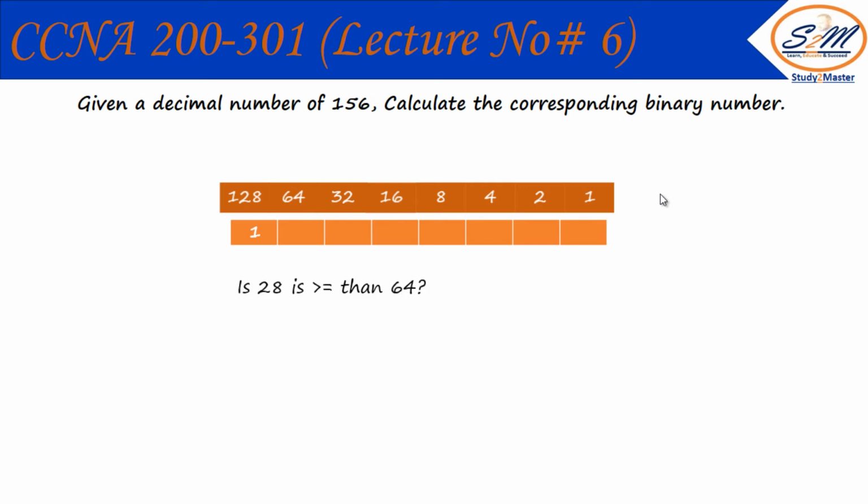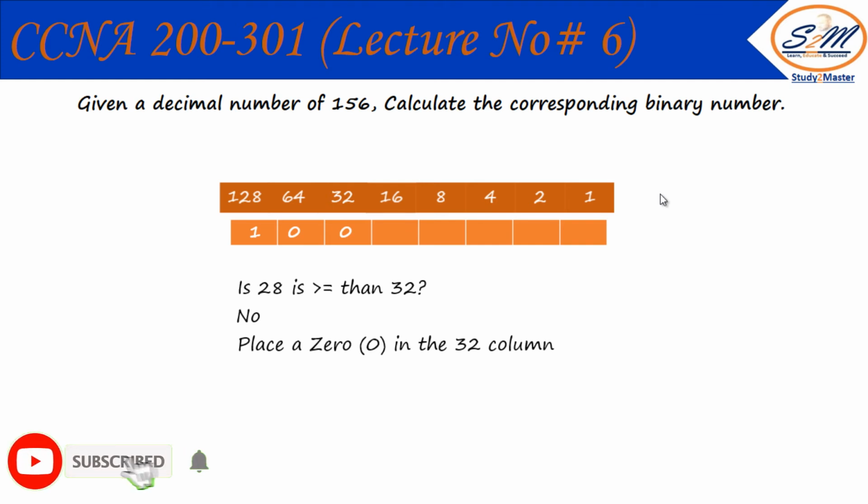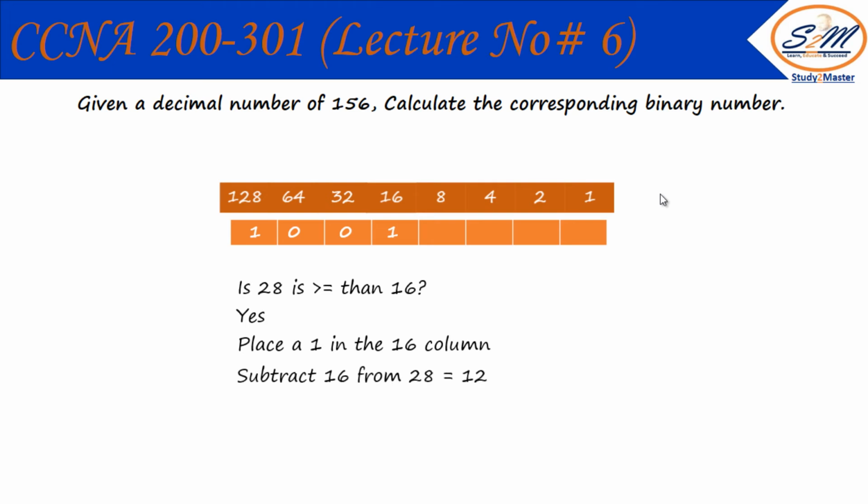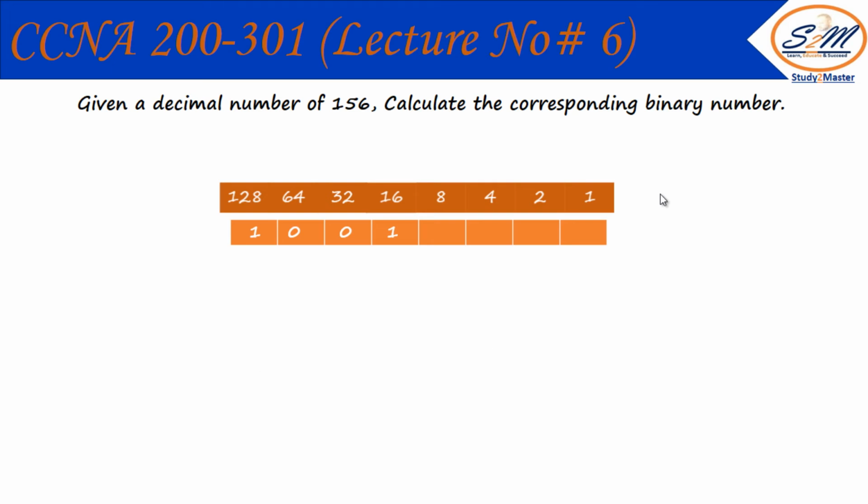Is 28 greater than or equal to 64? No. Place a 0 in the 64 column. Is 28 greater than or equal to 32? No. Place a 0 in the 32 column. Is 28 greater than or equal to 16? Yes. Place 1 in the 16 column. Subtract 16 from 28, which is equal to 12.